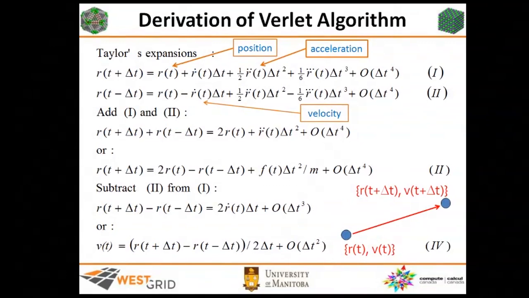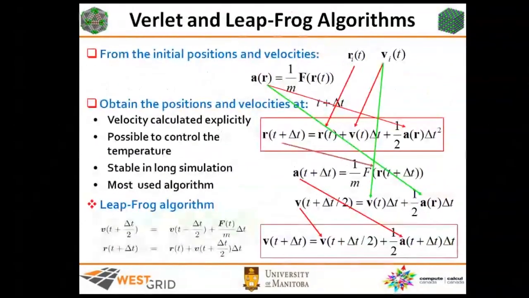Once you have the velocity, use other equations that give you the position, and so on. Then you increase time and do the same. In most MD simulations, most of the time is spent computing the interactions and integrating the equations of motion.